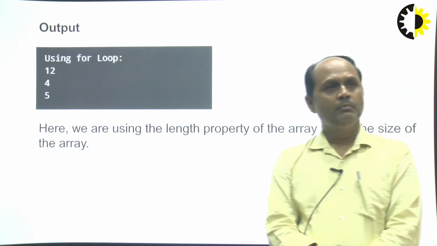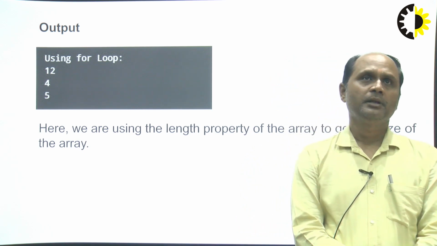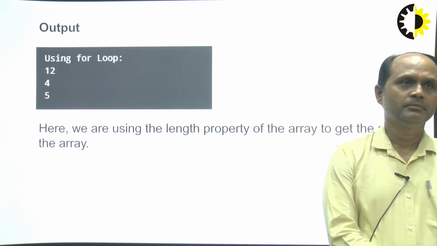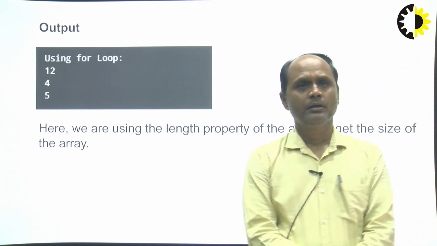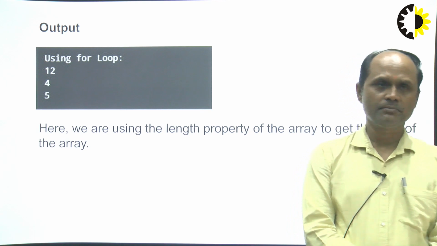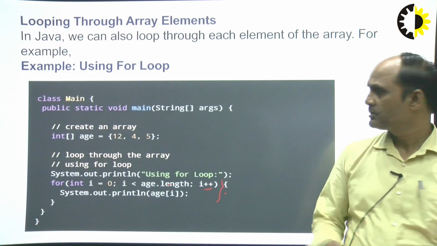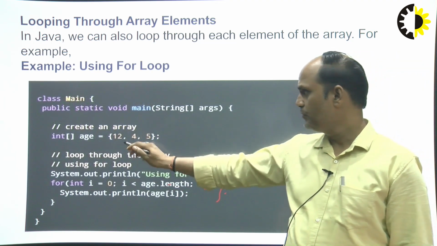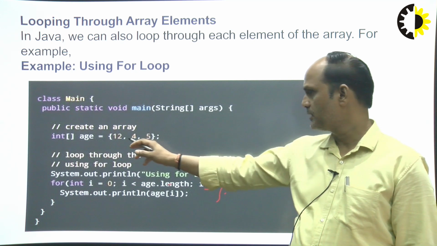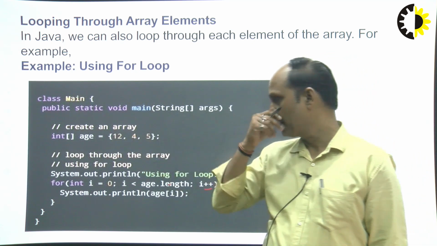Now we have arrays and linked lists and some other data types that we can also use in flow of control programs. Suppose we have a program with this particular array and we use the values 12, 4 and 5.